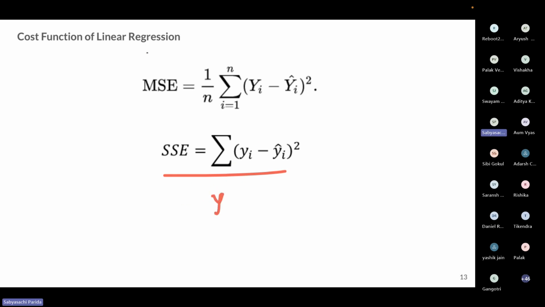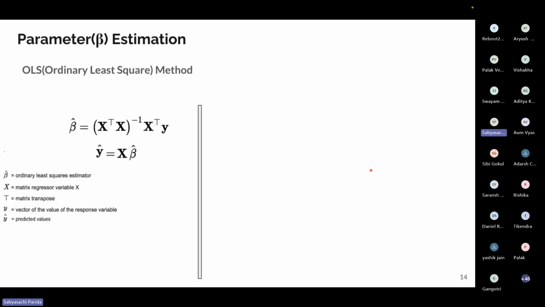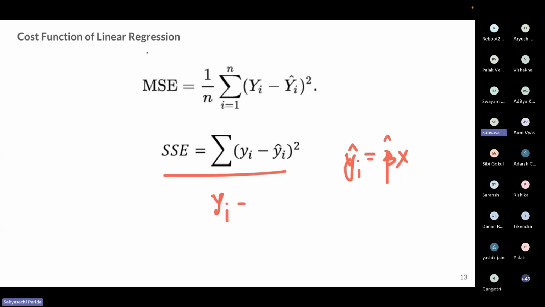So this is yi minus yi cap, where yi cap is beta naught, or in other words, if this is a matrix, beta cap into x.